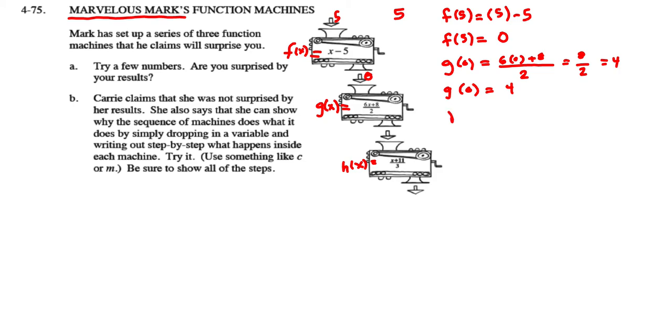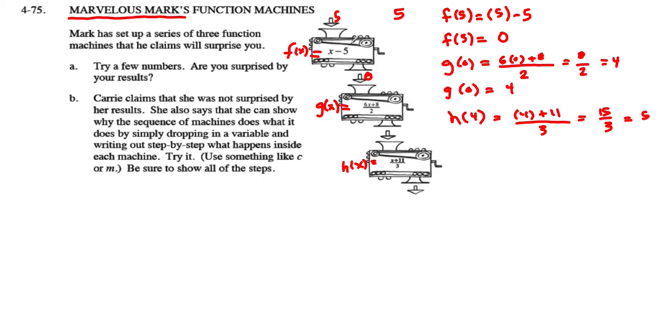Let's take our output and plug it in as our input for the last one. So h of 4 is going to equal 4 plus 11 over 3. 4 plus 11 is 15, and 15 divided by 3 gives us 5.